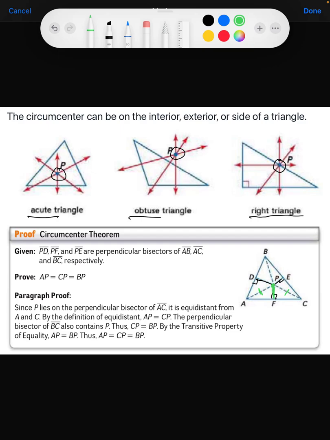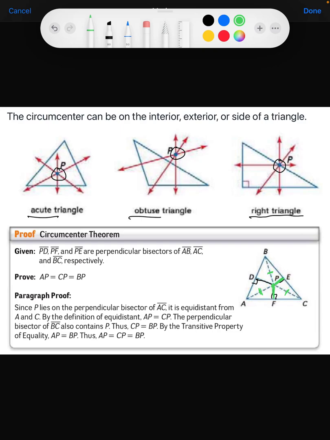So we know that AP equals CP, and then we can also see that the perpendicular bisector of BC, so this line right here, also contains point P, and by definition, point P is going to be equidistant from the vertices, so BP is also going to equal PC.